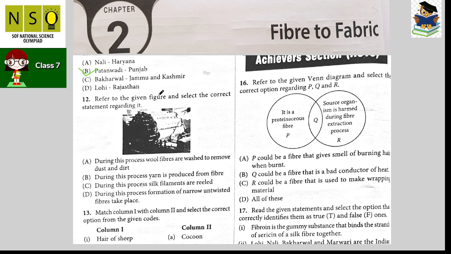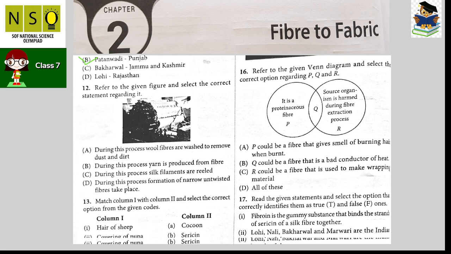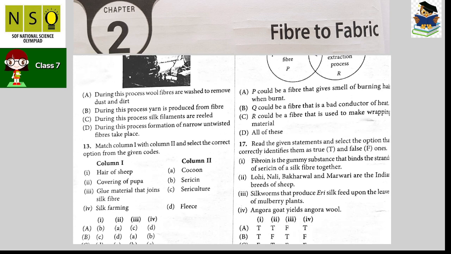In the 12th question there is a figure, and from this figure we have to find the correct statement about it. By looking at this figure we can see what it is. The options are: A, during this process wool fibers are washed to remove dust and dirt. B is during this process yarn is produced from the fiber. C is during this process silk filaments are reeled.